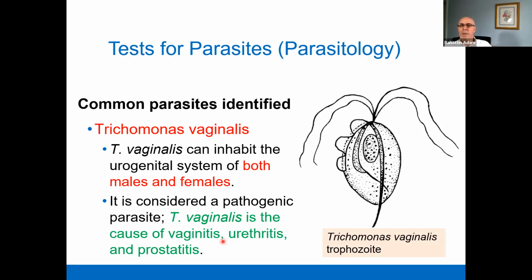It's considered a pathogenic parasite. Trichomonas vaginalis is the cause of vaginitis, urethritis, and prostatitis. As you see here, the trophozoite form of Trichomonas vaginalis, how it looks.